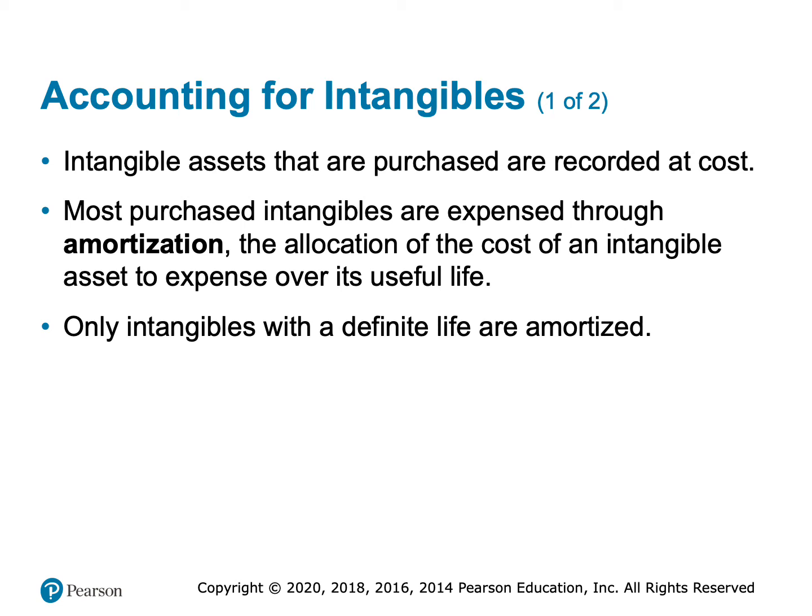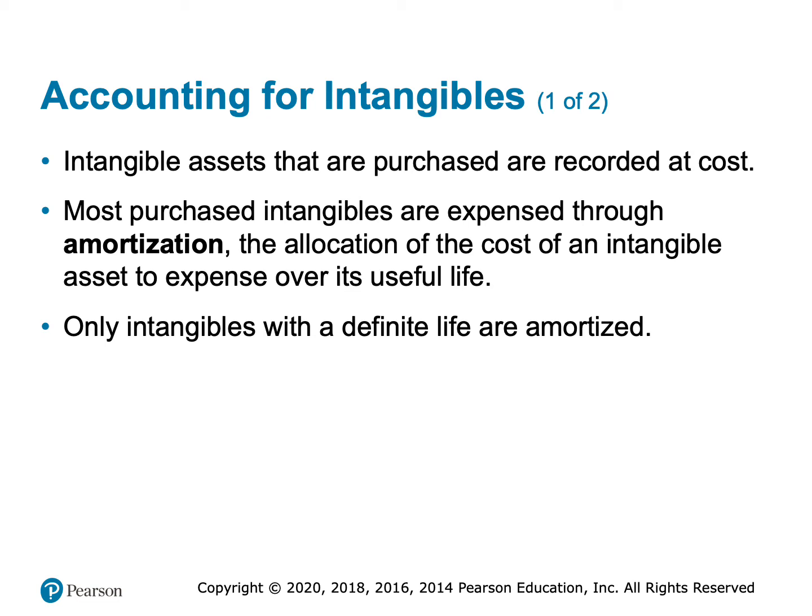Most intangible assets that have a definite life, like for example, a patent is only good for about 25 years usually, then those are what we call amortized. Amortization is like straight line depreciation without a residual value.